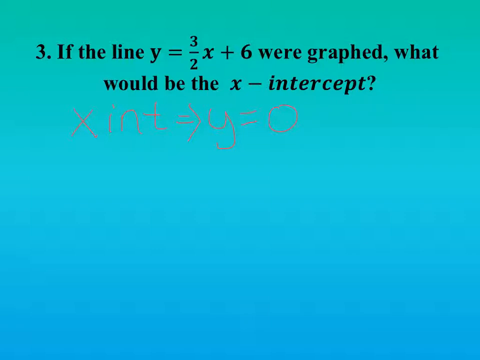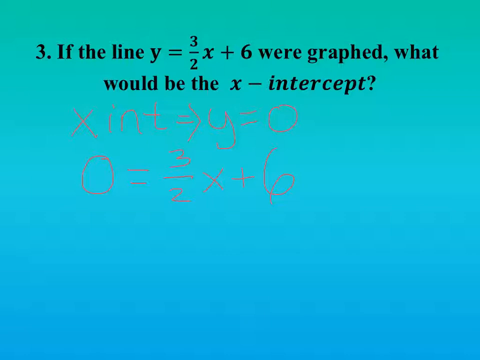So I plug in 0, and I get 0 equals 3/2 x plus 6. So we should be getting really good at finding our x-intercepts now. We've been working on intercepts for almost like 3 weeks. Now we got another question about x-intercept. All we have to do is plug in 0 for y, and now we solve.